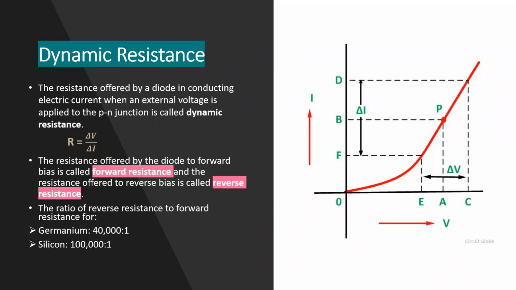Okay. So what about silicon? The ratio of reverse resistance to forward resistance is 100,000 to 1. So which is more, reverse resistance or forward resistance? Reverse resistance is more.